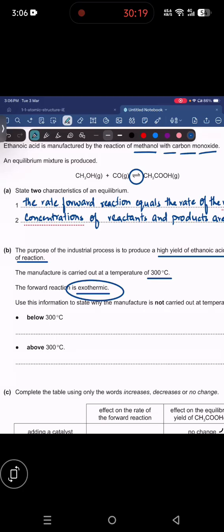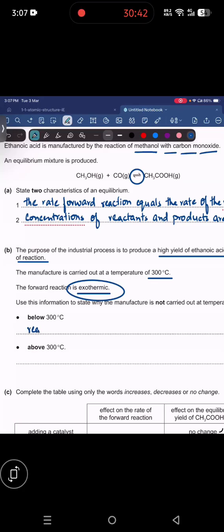Okay. Sorry, not below 300 degrees C. The reaction must be started at 300 degrees C. At 300 degrees C, the reaction will obtain its optimum temperature. If the reaction is started below 300 degrees C, the reaction is too slow.